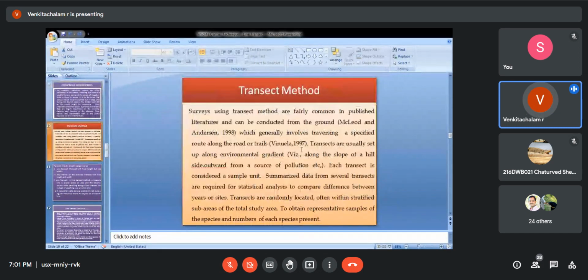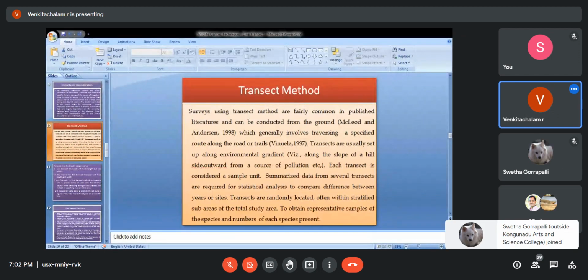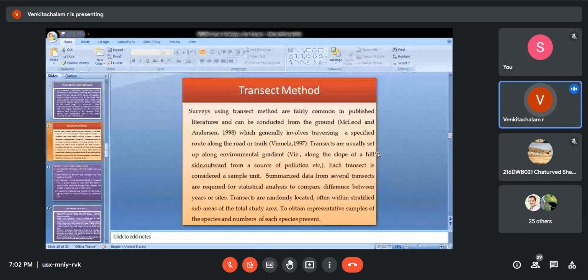And now we are entering into the transect method. Surveys using the transect method are fairly common in published literature and can be conducted from the ground. It generally involves traversing a specified route along roads and trails.